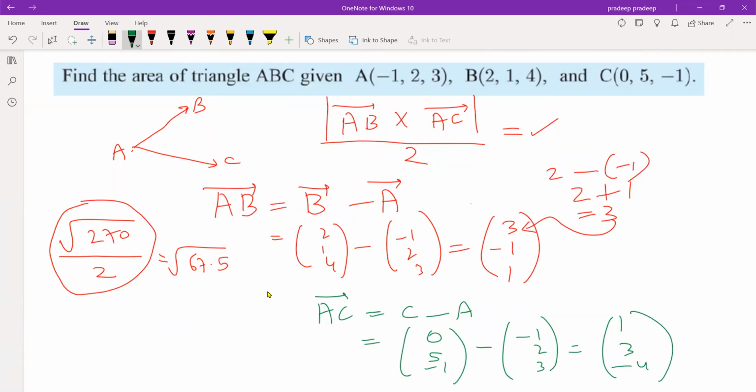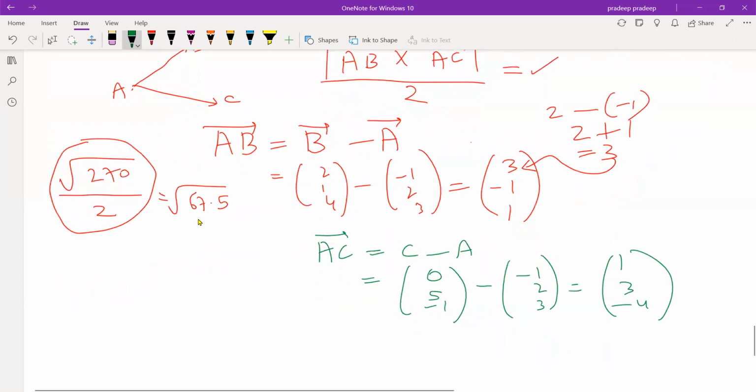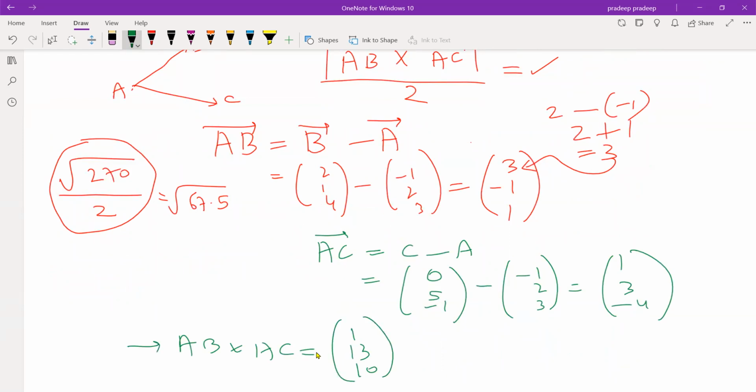So this is my AC. All we need to do now is AB cross AC. If we do that, the answer you should get is 1, 13, and 10. So this should be your final vector product.